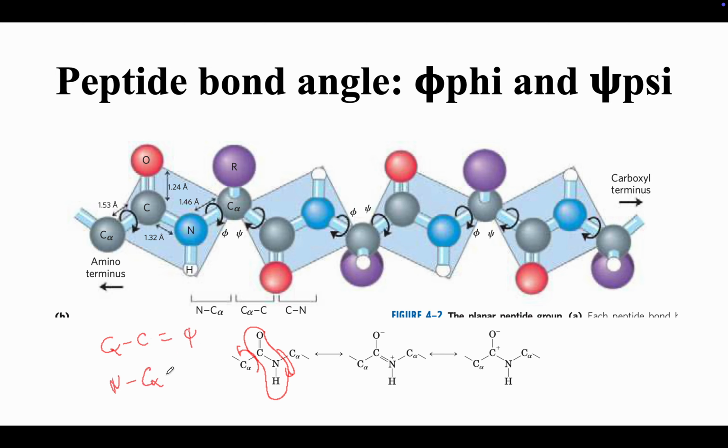In Sanger's method we use dinitrofluorobenzene. The structure is very simple: we have a benzene ring, a fluorine, and two nitro groups, NO2. This dinitrofluorobenzene will react with the amino end.